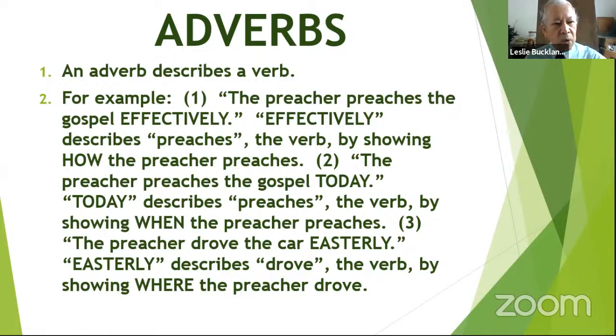So number one, an adverb describes a verb. For example, one, the preacher preaches the gospel effectively. Effectively describes preaches, the verb, by showing how, or the way or the manner in which the preacher preaches.